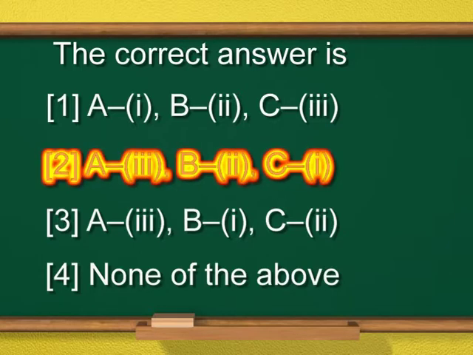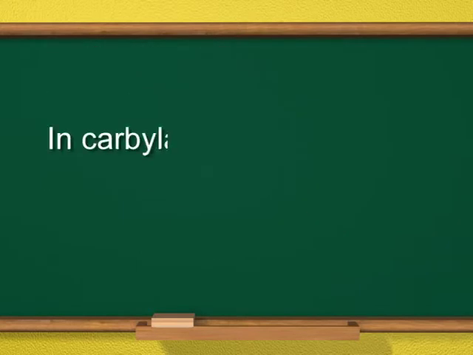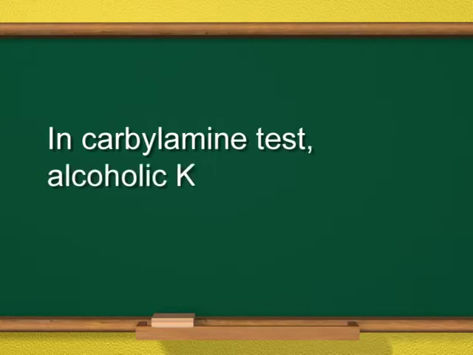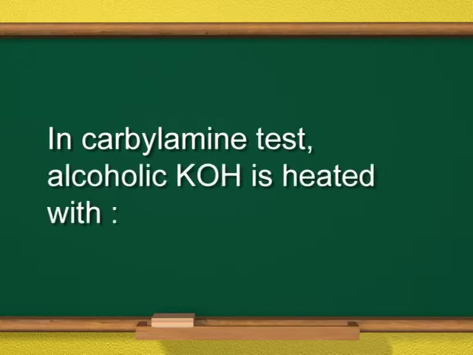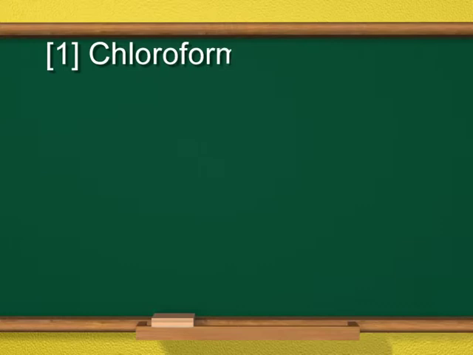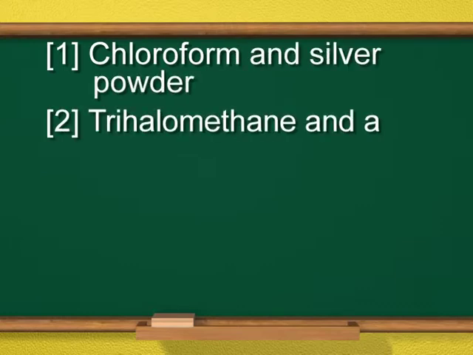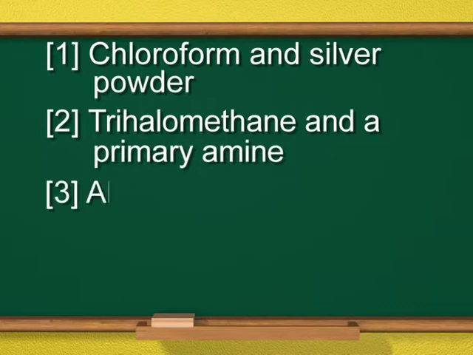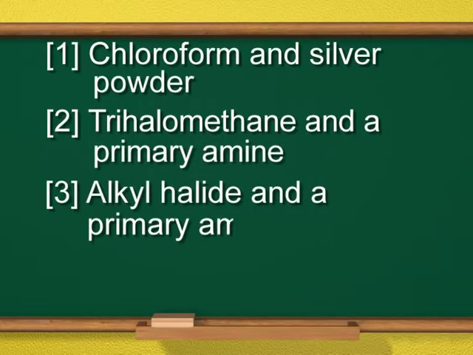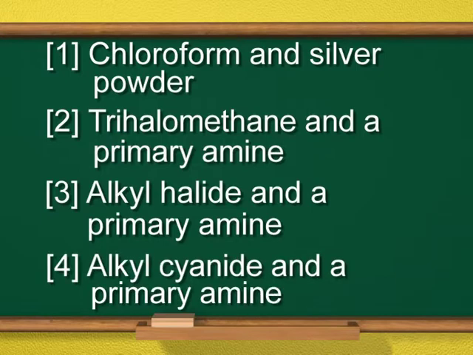My next question for you is, in carbylamine test, alcoholic potassium hydroxide is heated with chloroform and silver powder, trihalomethane and a primary amine, alkyl halide and a primary amine, or alkyl cyanide and a primary amine.